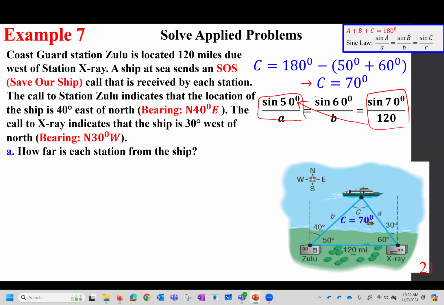And that A is the distance to X-ray. So for X-ray, A is 120 sine of 50 divided by sine of 70. You use a calculator, and it gives you 97.82. And the units, class, the same units, miles.